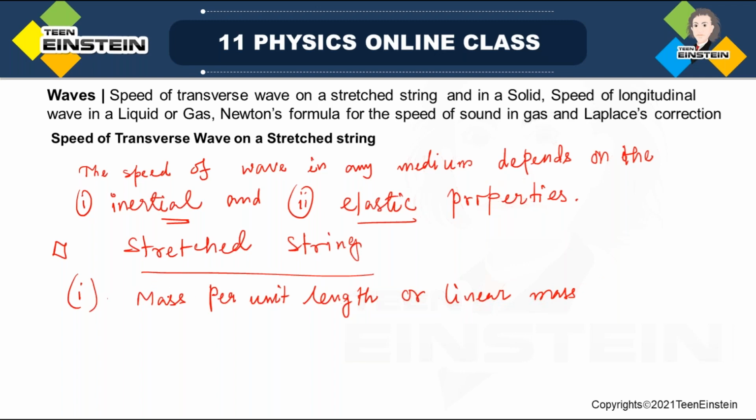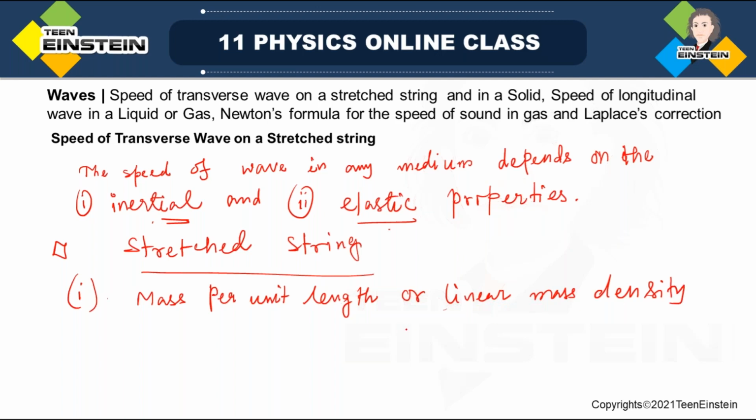You might be surprised why I'm talking about this. Because the speed of wave in a straight string will depend on the inertial property and elastic properties. That's why we need to take care of the inertia part and the elastic part of the straight string. So the inertia part is characterized by linear mass density or mass per unit length.